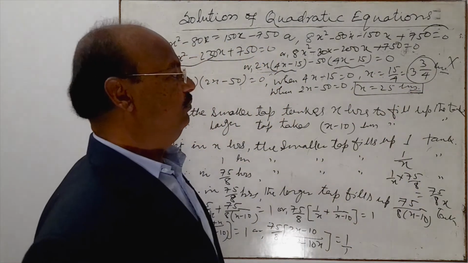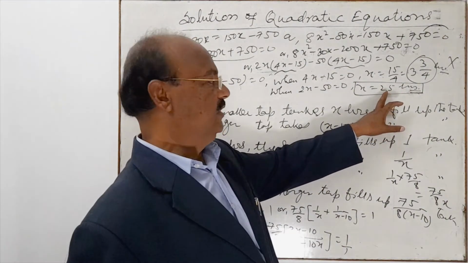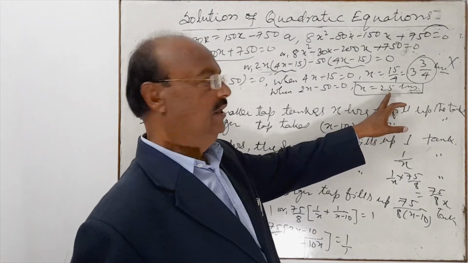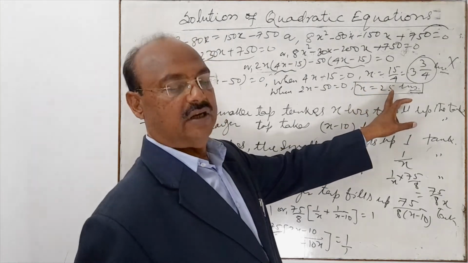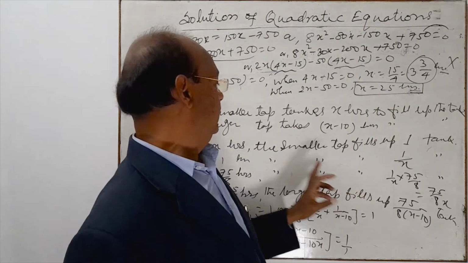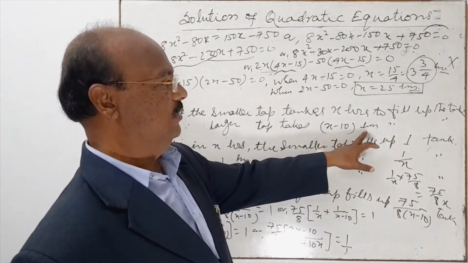This is the time required by the smaller tap to fill up the tank completely when only the smaller tap is running. Correct? And the larger tap takes how much? x − 10 hours.